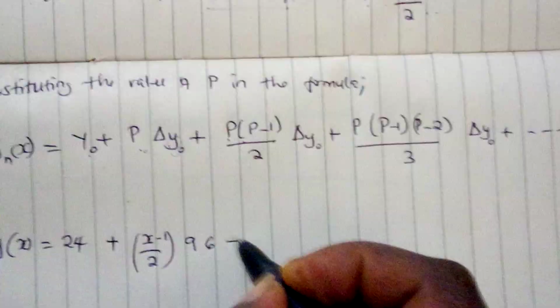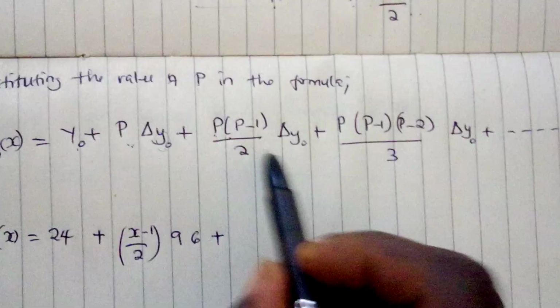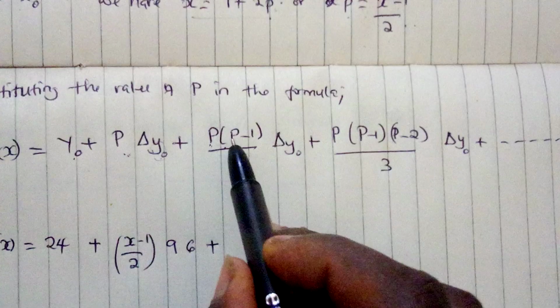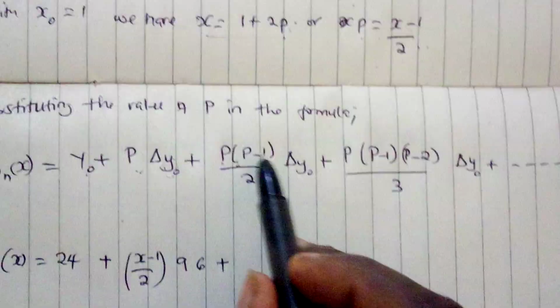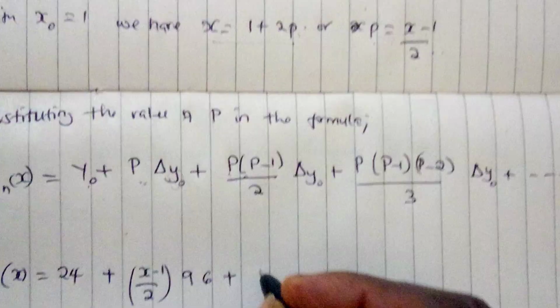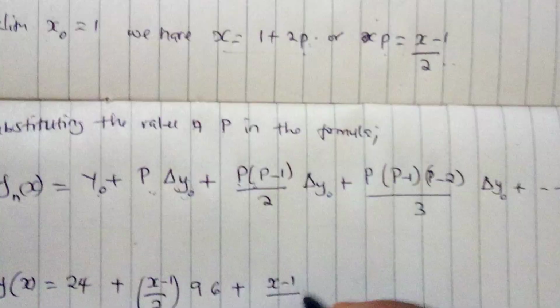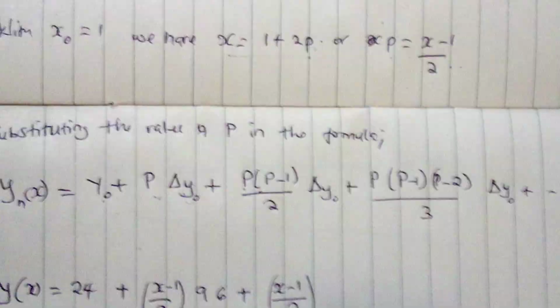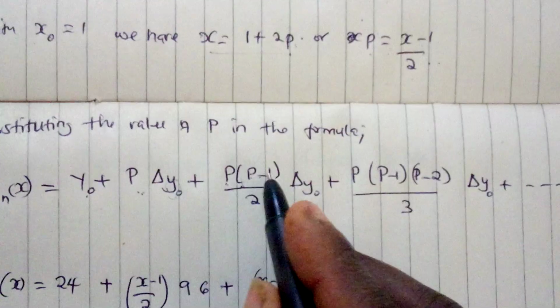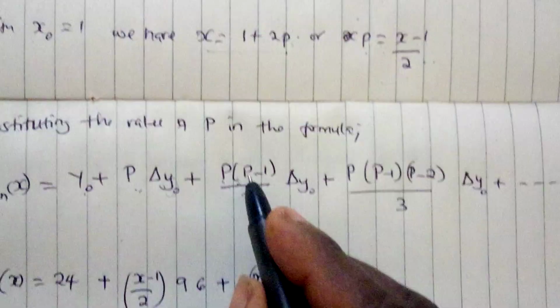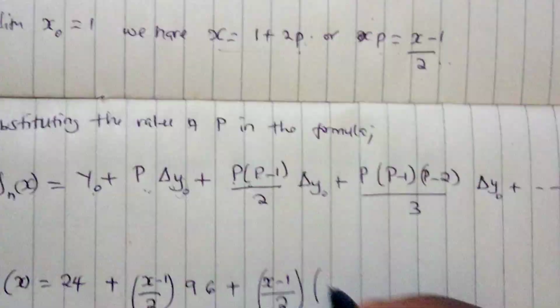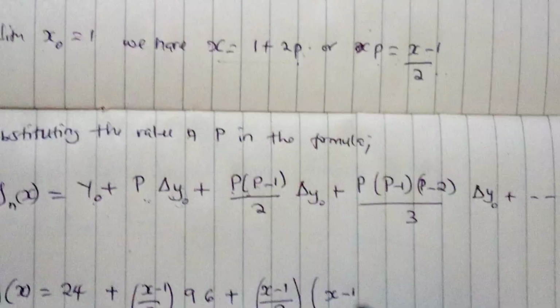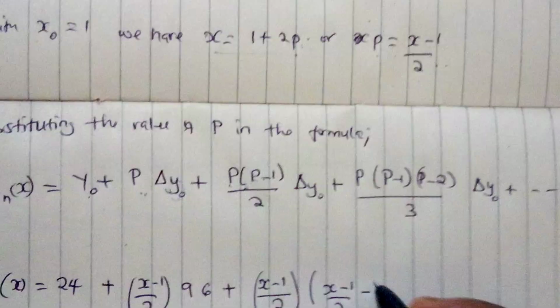So we multiply by 96 plus we have p multiplied by p minus 1. So we have x minus 1 over 2, that is p, multiplied by p minus 1. So our p is x minus 1 over 2, so we have x minus 1 over 2 minus 1.